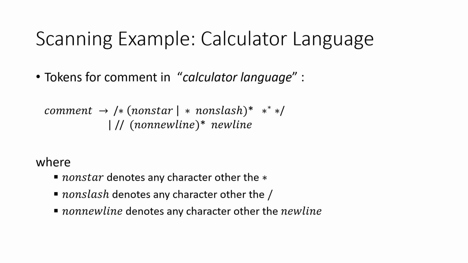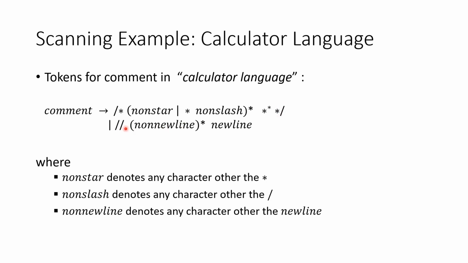To make the task of the scanner a little more realistic, we add tokens for comment in our calculator language. This rule for comment is borrowed from the two styles of comment in the C language. The first style is for multi-line comments, which is the one between a forward slash and an asterisk and an asterisk and then forward slash.